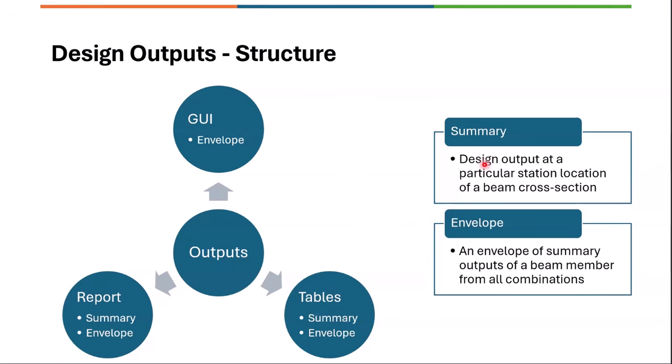So there are two terms you'll be using, and you'll be finding this under the tables and reports, which is summary and then envelope. The summary is at a particular cross section. Effectively, it is also an envelope for that particular cross section from all design combinations used.